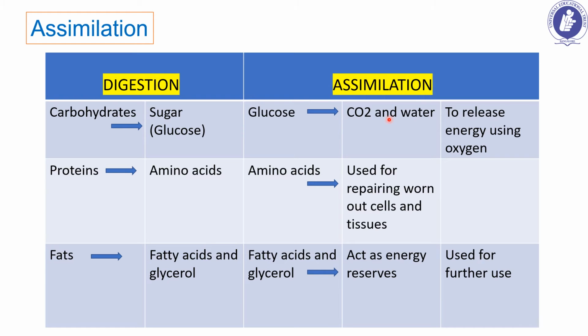Glucose is broken down into carbon dioxide and water with the help of oxygen, and it releases energy. Amino acids are used for repairing worn out cells and tissues. Fatty acids and glycerol act as energy reserves and are used later. So this is the comparison between the digestion process and the assimilation process.